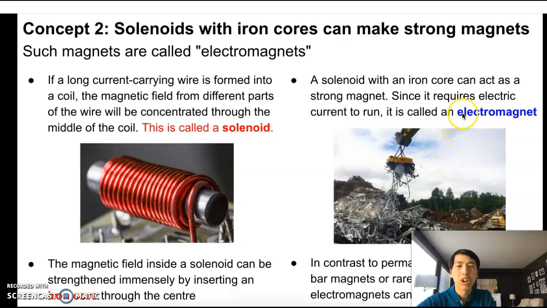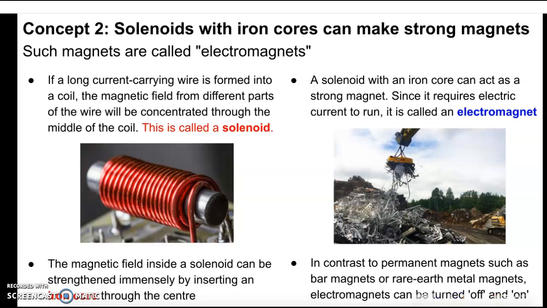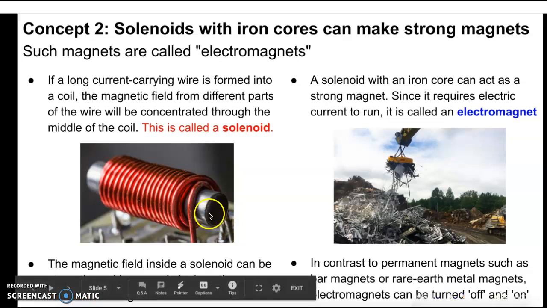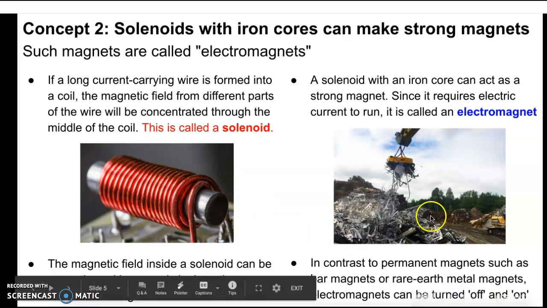We call this an electromagnet because it's a magnet that can be turned off or on with electricity. So this only becomes magnetized when there's a current running through the wires. But what happens if you turn off the electricity? Then it loses its magnetism.